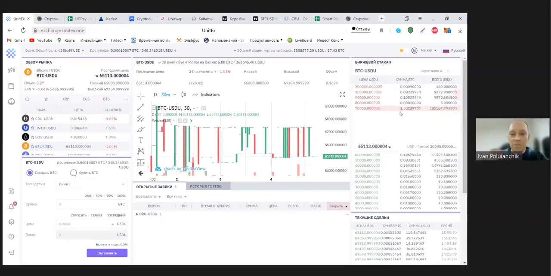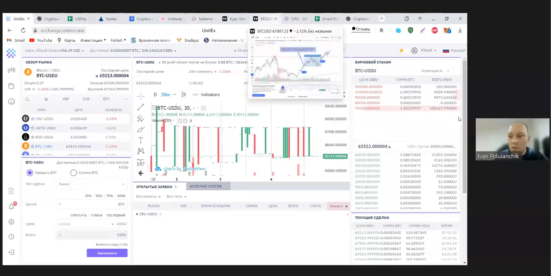And there are no trading bots here or any other instruments that would regulate the price. If you take a look at the entire order book on the exchange, we have like 1.5 Bitcoins for sale, and 2-3 Bitcoins are just in the order book.